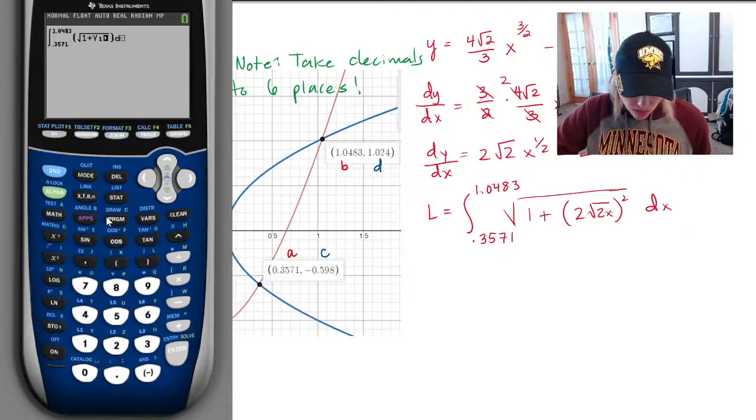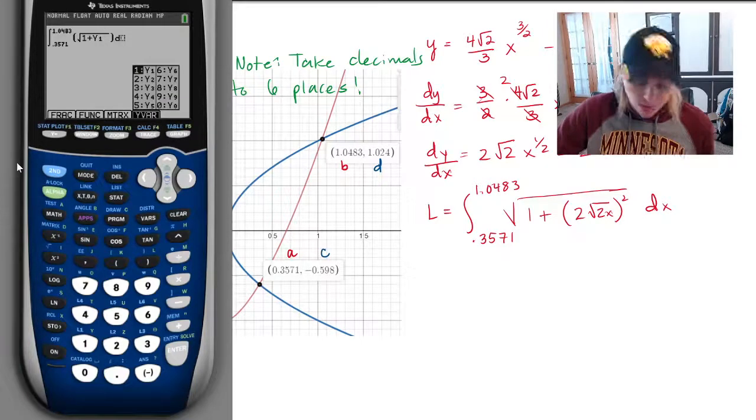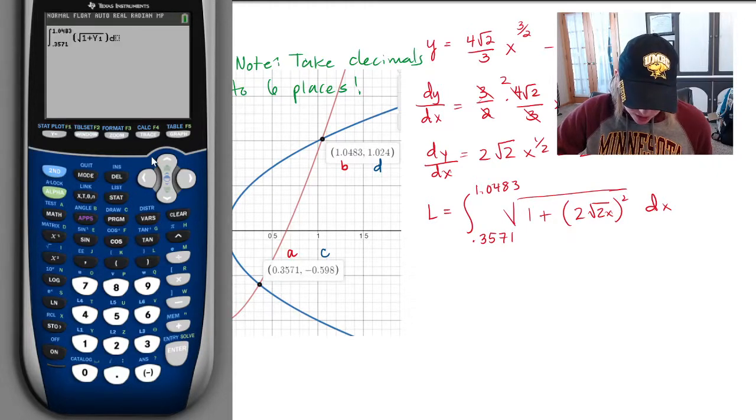You can choose it that way, or if you hit alpha trace, that F4 function pulls it up pretty quickly. So that's kind of a faster little shortcut there. But you're going to put it in there, and then you're going to make sure that it gets squared. So let me arrow back over, and then squared, and then dx.